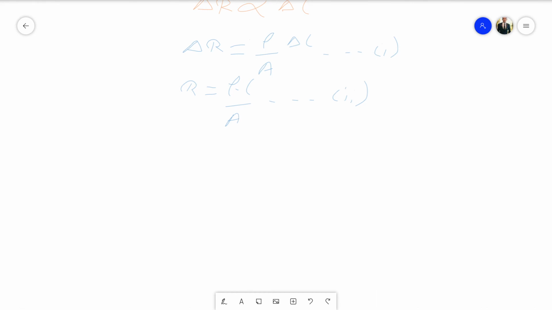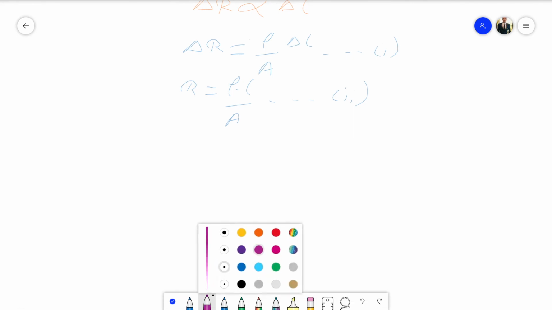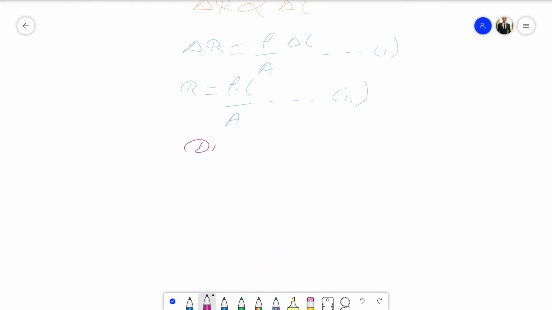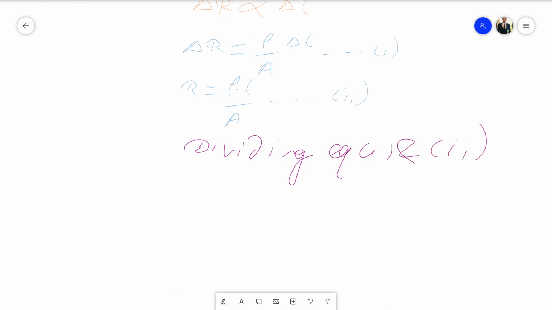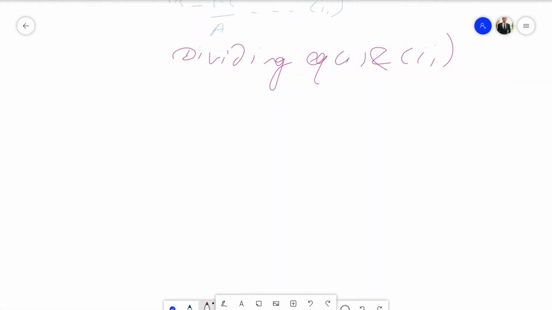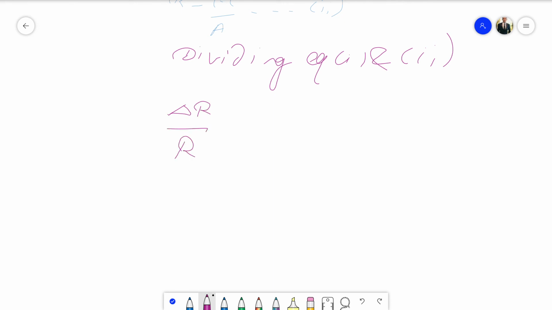Dividing equation 1 by equation 2, what will be the result? We get delta R over R equals rho delta L over A divided by rho L over A.